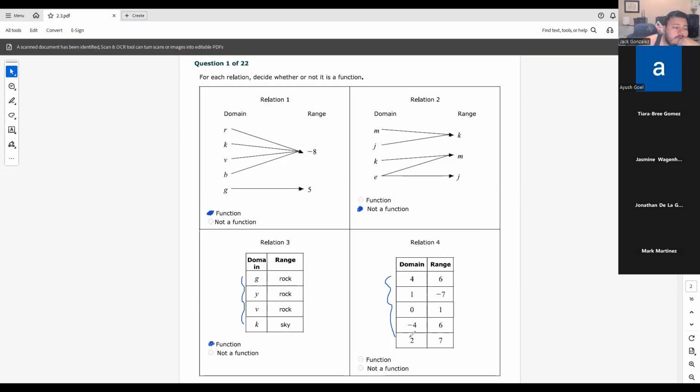They're all unique, right? All the domain values. So it is a function.